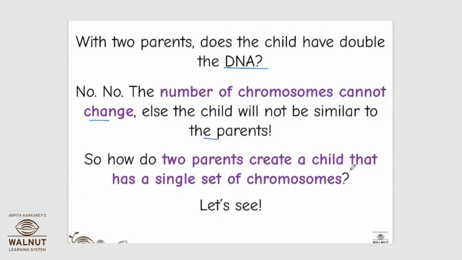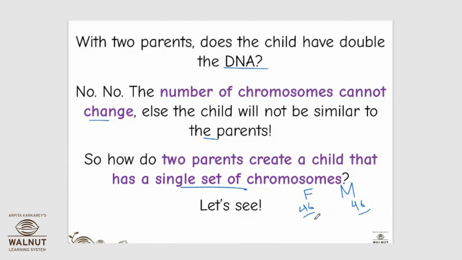So how do parents create a child that has a single set of chromosomes? So what happens? Suppose this is a father and a mother. Father has 46 chromosomes. Mother also has 46 chromosomes. Number of chromosomes I am saying, right?